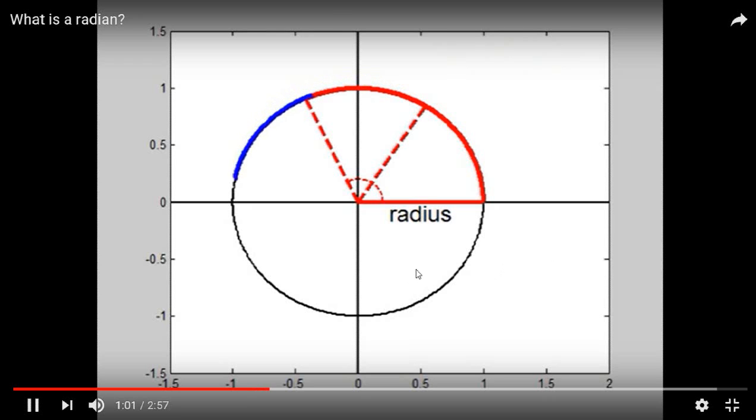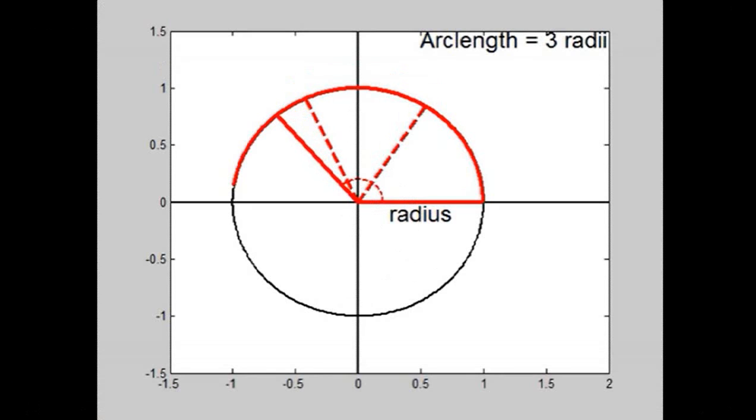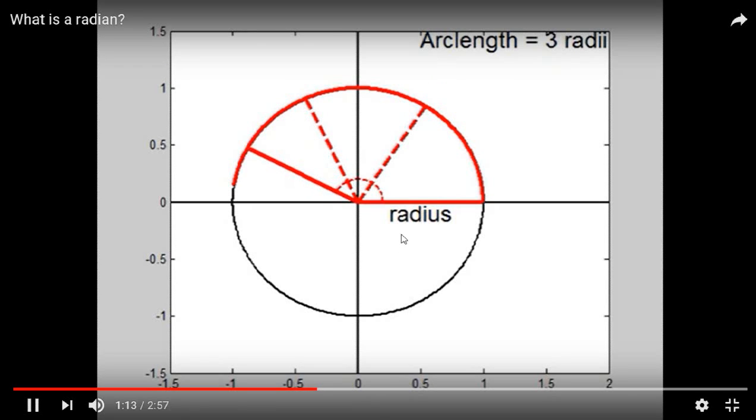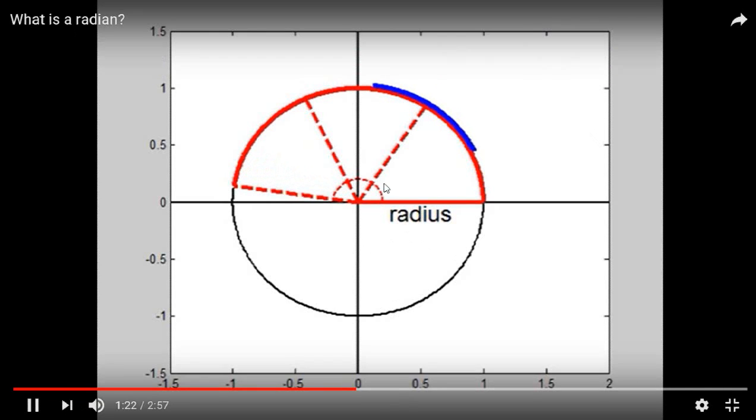Not yet? 3 radii stop short of 180 degrees. Okay, so 3 makes it almost to 180 degrees.